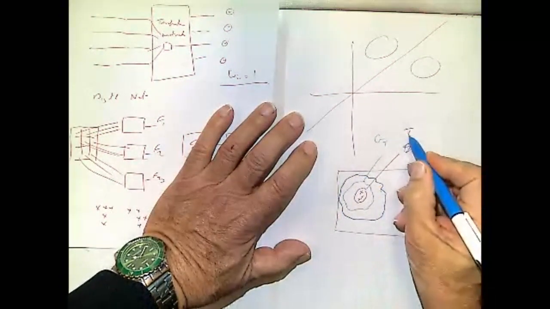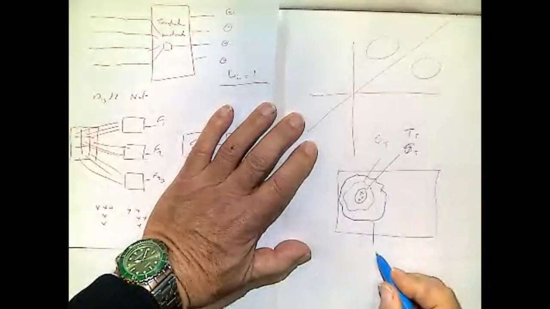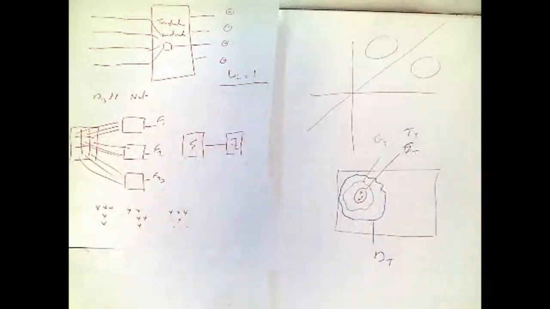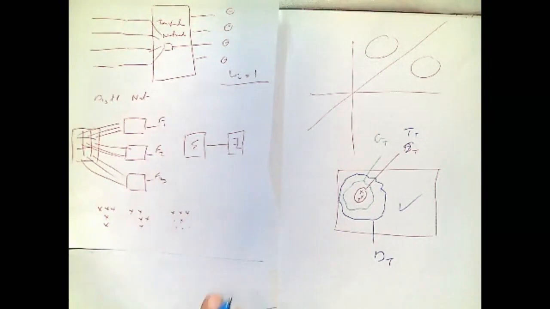So that was a training set T. If the system recognizes the data set, which is the set of all patterns which belong to that class, which you generally don't have access to, but if GT equals DT, then you've got a system that works and you earn money.